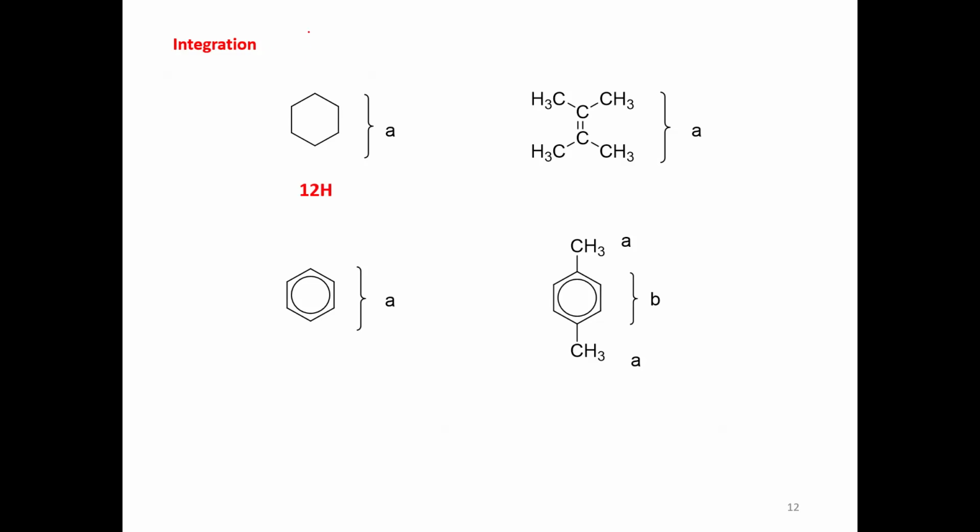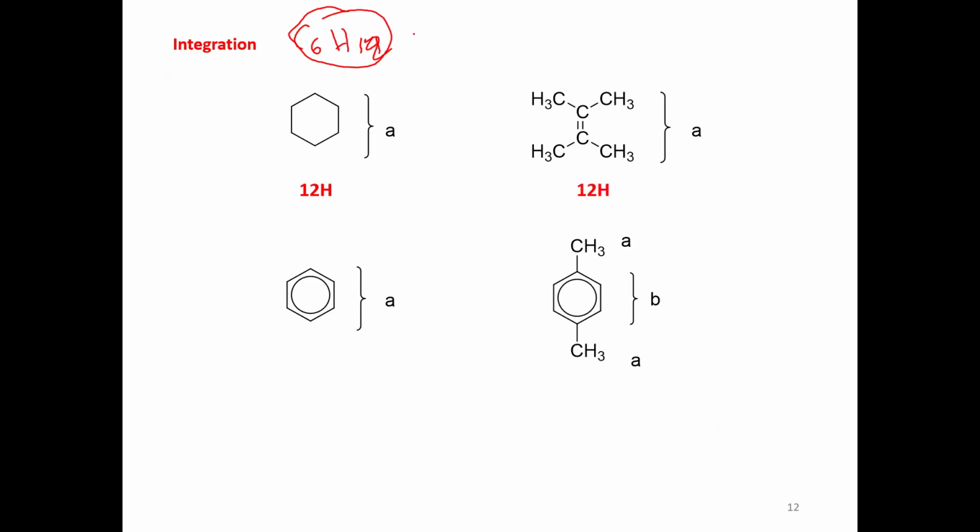In this case, I might give you C6H14. If you calculate, no, this one is, sorry, there will be 12. If you calculate the degree of unsaturation, you will end up with 1 unsaturation because each cycle is 1 unsaturation. But the integration must be 12.